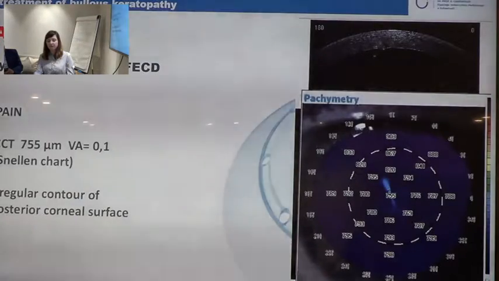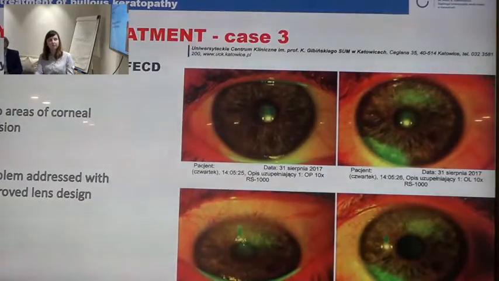I asked her if she rubbed the eye or if anything happened to her. Also, in the slit lamp examination, the contact lens was perfectly stable in place. So I'm not sure what exactly happened. Maybe just lens intolerance. After fluorescein instillation, you can see there are 2 areas of corneal erosion.